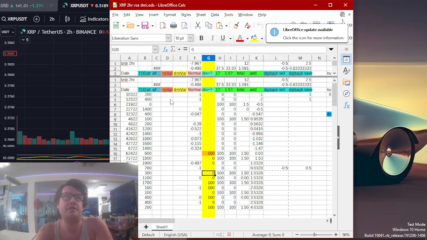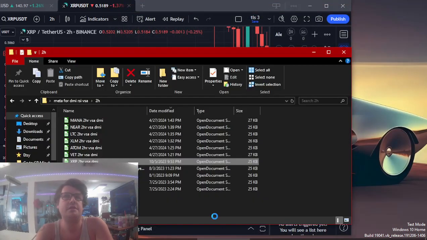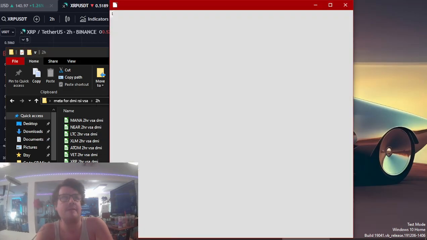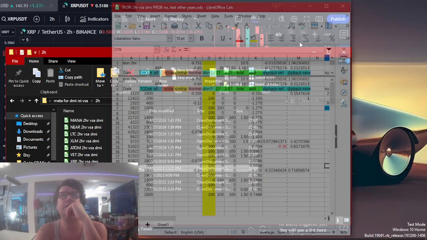Well, I don't have an oscillator direction on this one, so there's nothing to do there. I also don't have an oscillator direction on this one. I think that's something I added later.